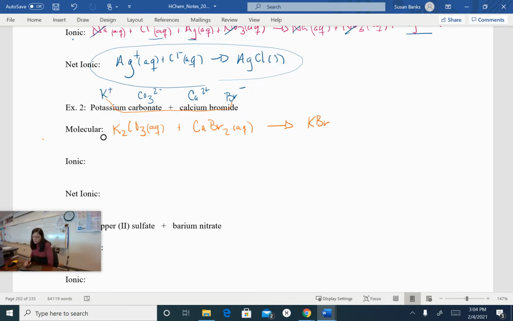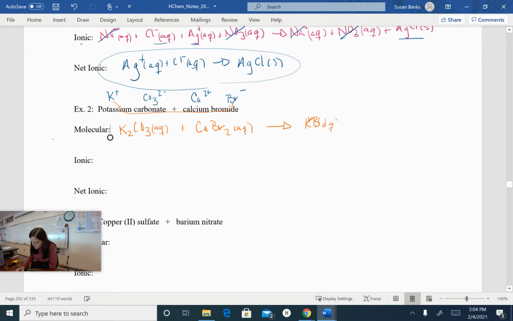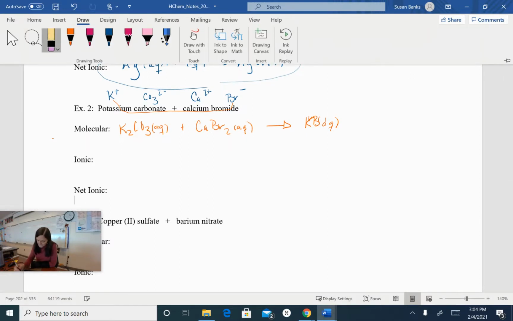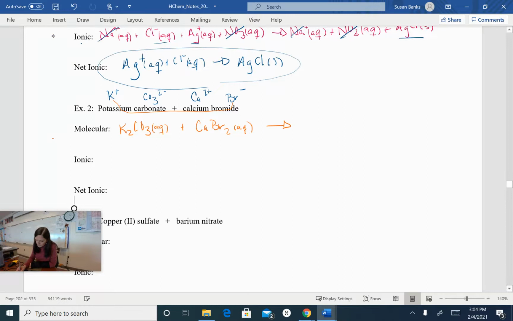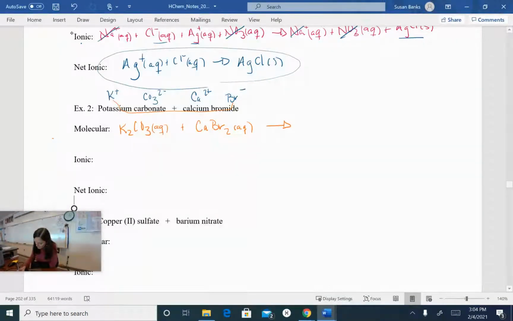Is that going to be soluble? Yep. Potassium's group 1, so that will be soluble, no exceptions. Let's rewrite that. Potassium bromide, and we're going to need that to be aqueous.